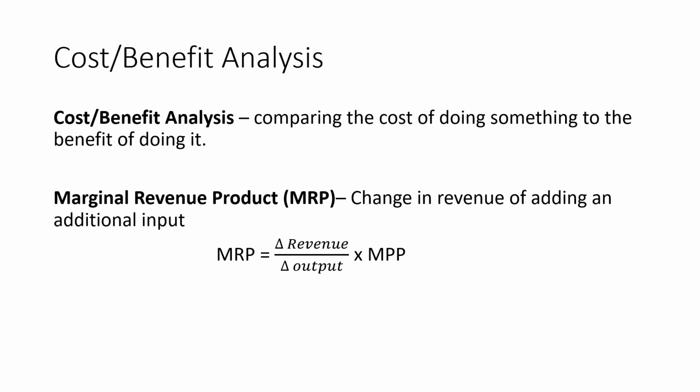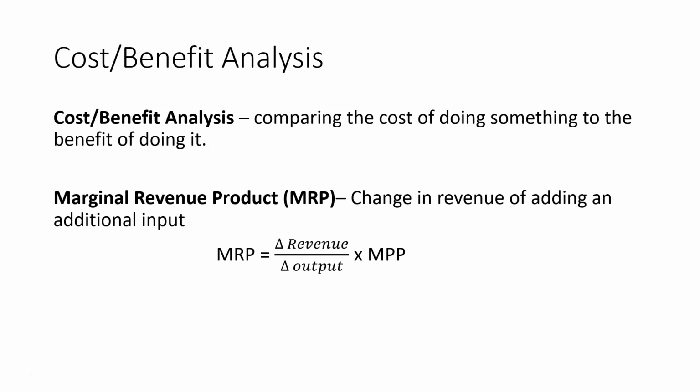But as you add more inputs, you're going to get more revenue, right? You get more output, you get more revenue. So when we're looking at the revenue you get from an additional input, we call that marginal revenue product. Marginal revenue product is defined as the change in revenue due to an additional input. And so this is the formula for marginal revenue product.